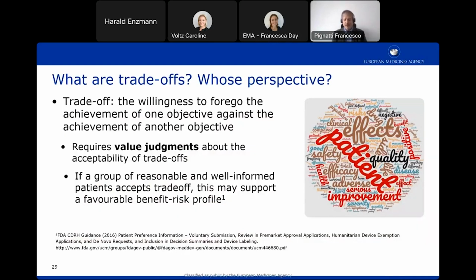Well, trade-offs are the key concept. In other words, how much one is willing to forego on one objective, say toxicity or safety, in order to gain on another objective, say efficacy.